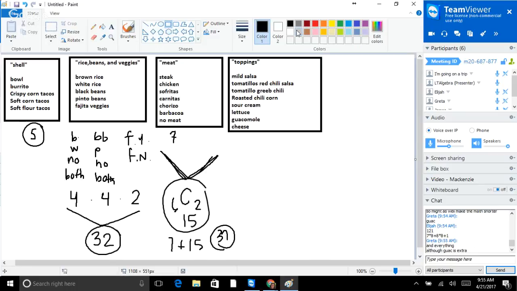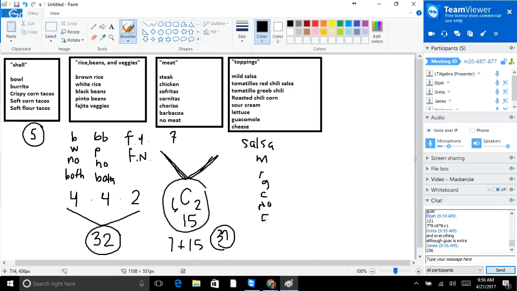So one way to think about this, a simplistic way, would be that for salsa, there's 5 choices, right? This is a really simplistic view. So for salsa, we could have mild, red, green, corn, and none. No salsa.